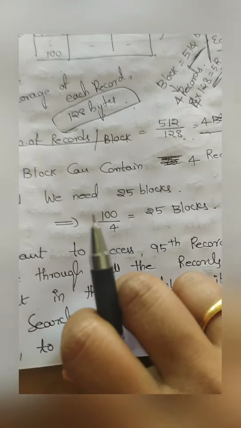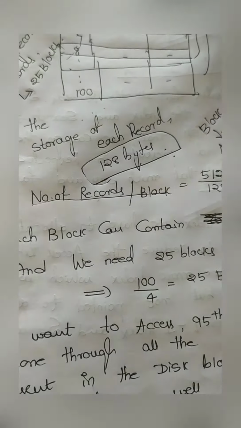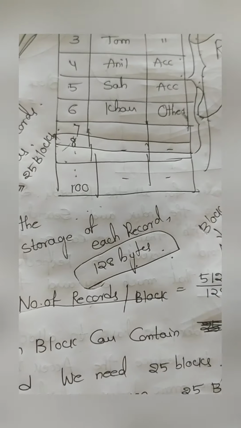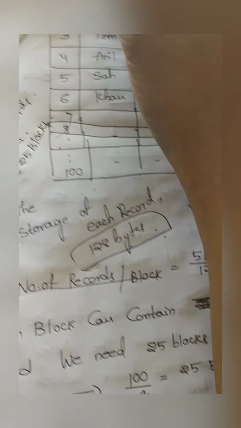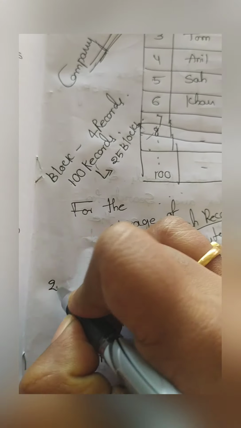If you want to access the 95th record present on the disk, in which block may it be present? Here we have 25 blocks.